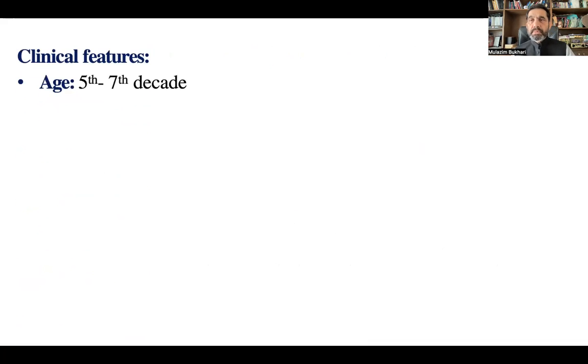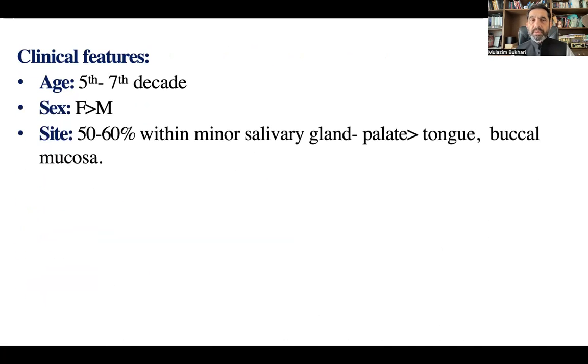Clinical features: 5th to 6th decades, more in females, and you can see it in the minor salivary glands, 50 to 60% in the palate, then the tongue, then the buccal mucosa.